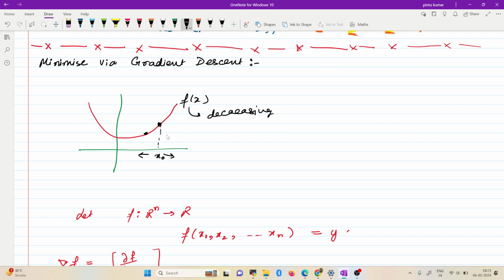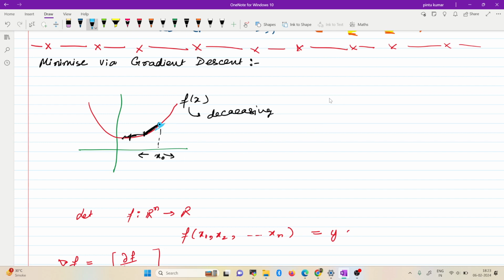So he can take a small step in the direction where the function is decreasing. Again, at this point, he will look whether he should move towards the right or the left, then reach some other point, and so on. He can hope that he'll reach some minimum point. Now, the question is, standing at this point, how can one decide which direction to move in?